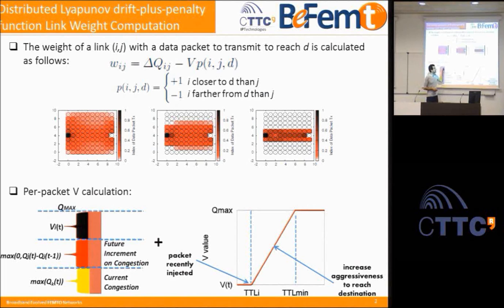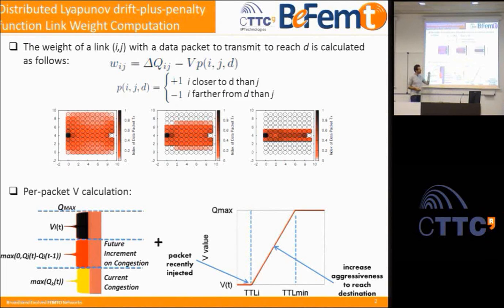As we increase the value of V, like in this case, or in a more extreme case, what we see is that we mainly take decisions based on getting as fast as possible, through the shortest path, towards the intended destination. That's the basic idea.